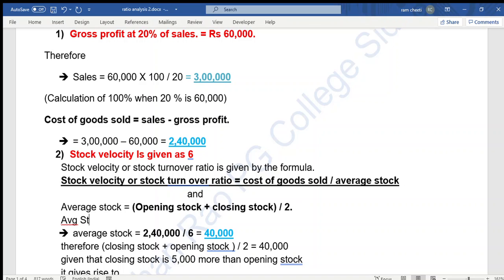Average stock is equal to cost of goods sold divided by stock velocity, or stock turnover ratio.